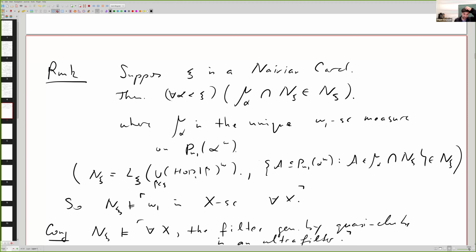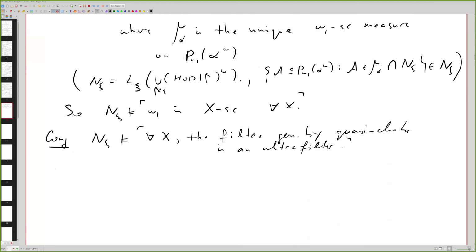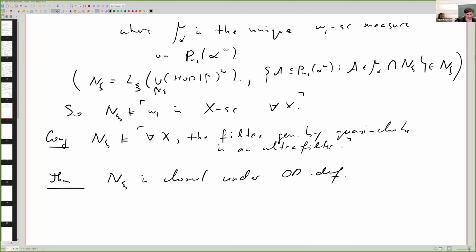That's because of AD plus theory. That's a theorem, a non-trivial theorem. N xi is closed under ordinal definability. I mean, I could try to explain if you want, but it will take a while.